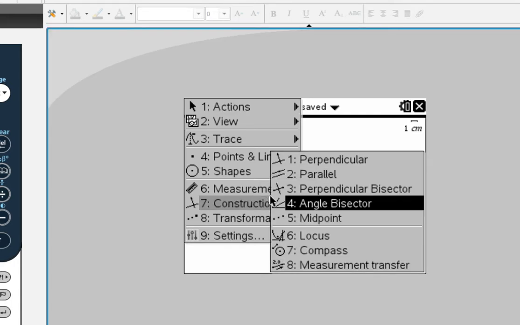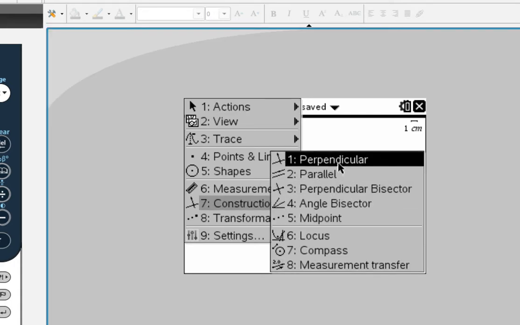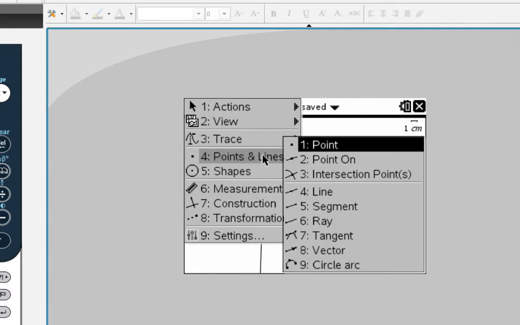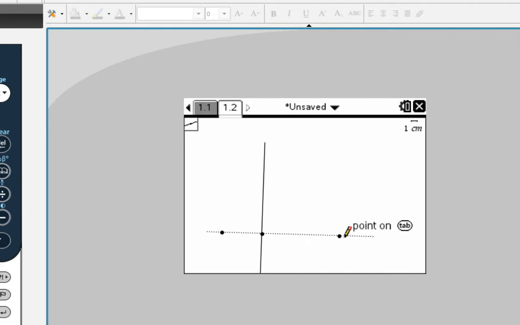And I want a perpendicular to this line. So that point should work. And then this point here. There. All right.